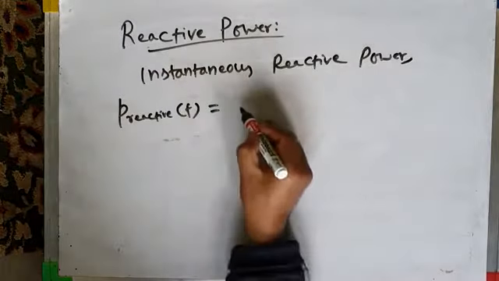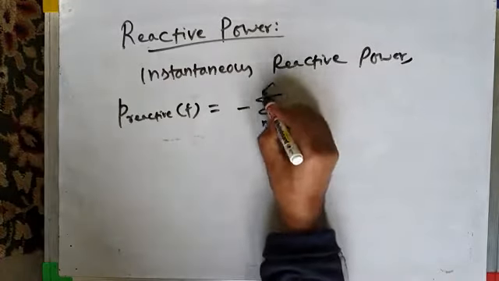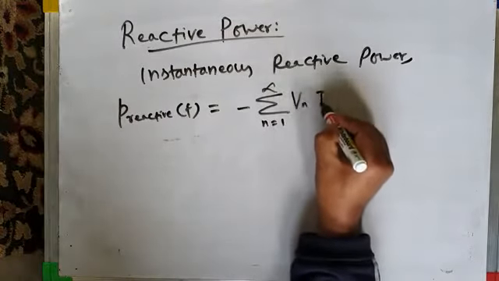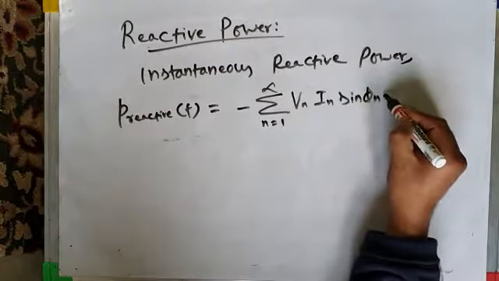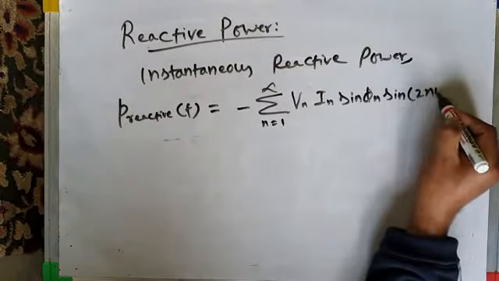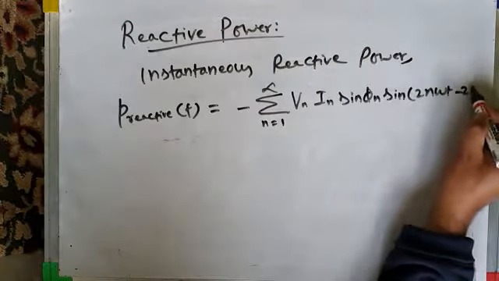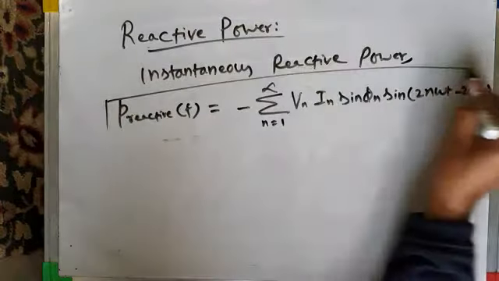It will be given by the second term: minus summation n equal to 1 to infinity Vn In sin phi n into sine of 2n omega t minus 2 phi Vn. This is the expression for instantaneous reactive power.